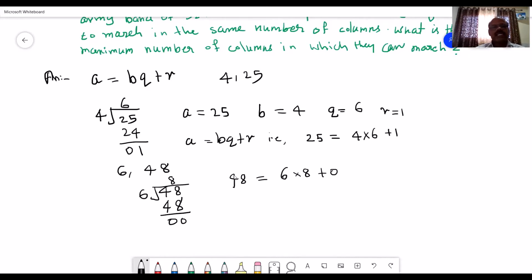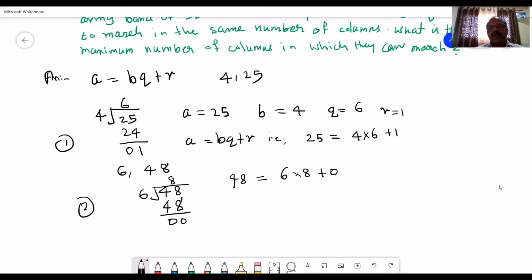This is the first case and this is the second case. In the first case, we got a remainder of 1, and in the second case there is no remainder; the remainder is 0.